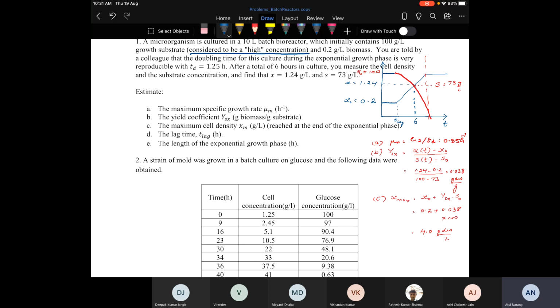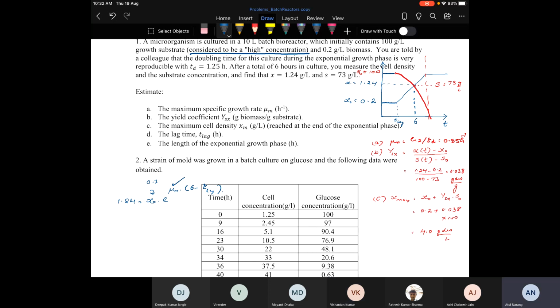Repeat what you said. 1.24 equal to x naught into e to the power mu m into 6 minus T lag. Where x naught is equal to what? It's given, 0.2. So that's it. Basically, you know mu m.